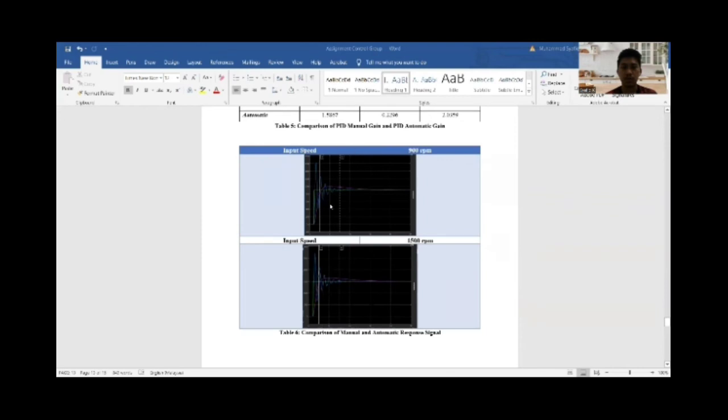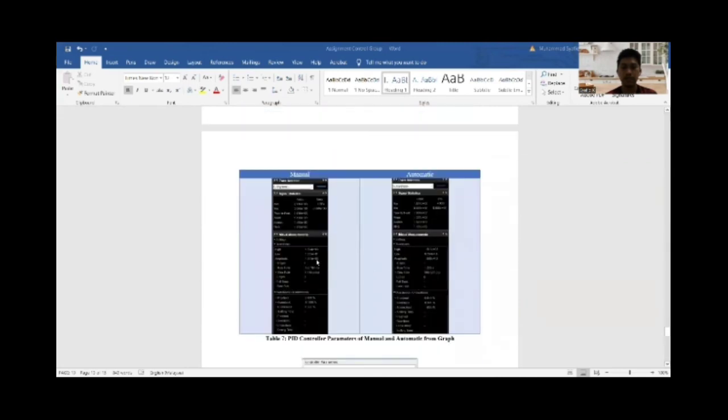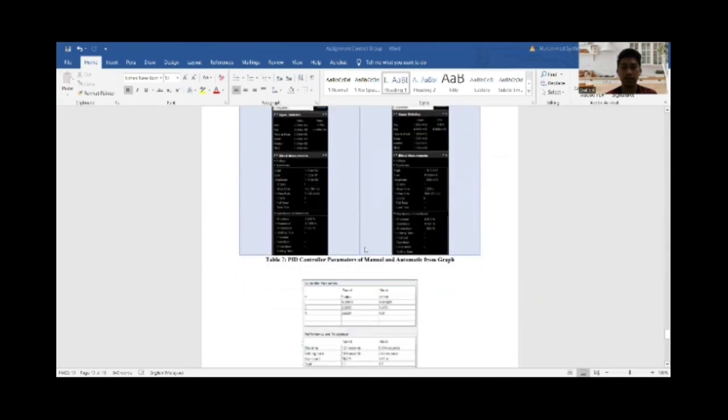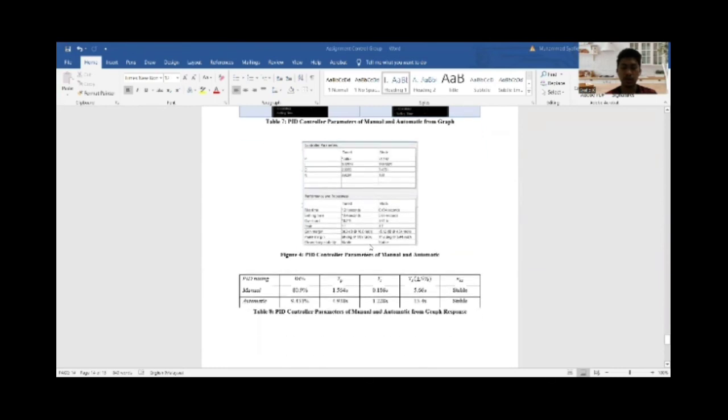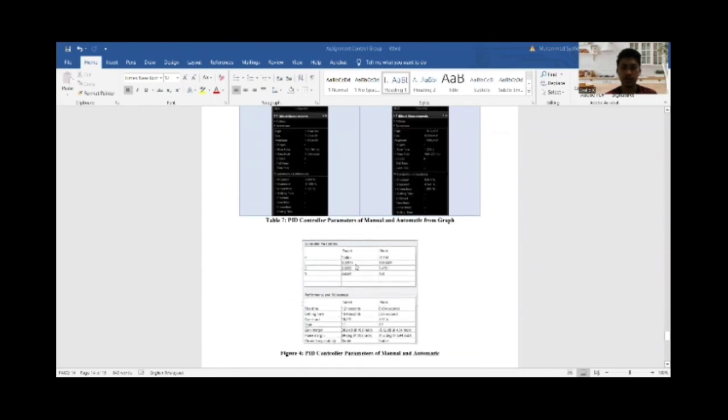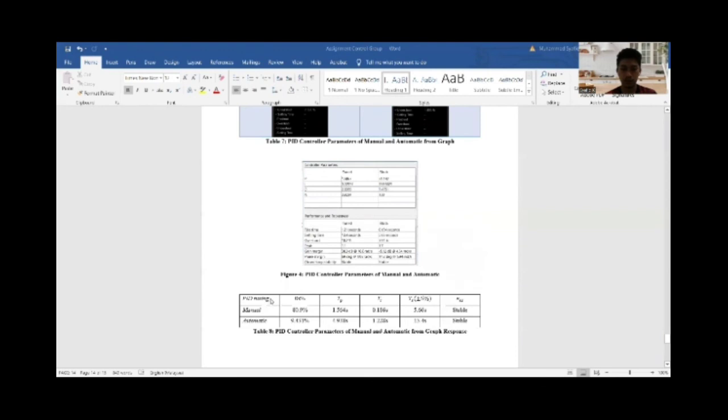Here, above is for 900 RPM and below is for 1500 RPM. This is the specification in MATLAB Simulink. From the specification here, we can put the values for overshoot, TP, TR, TS, and ESS for manual and automatic. So that's all for me.